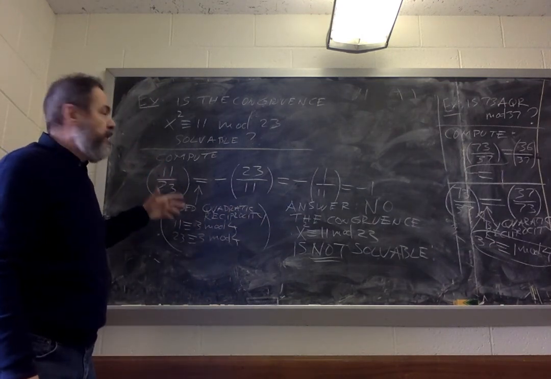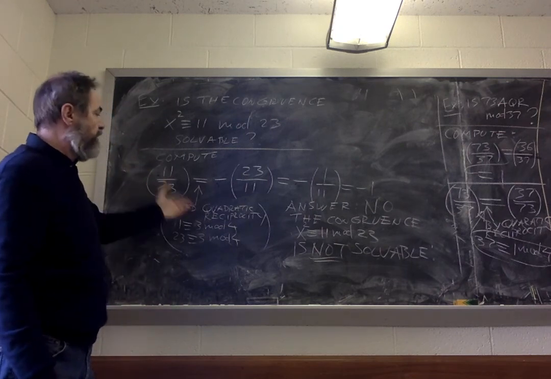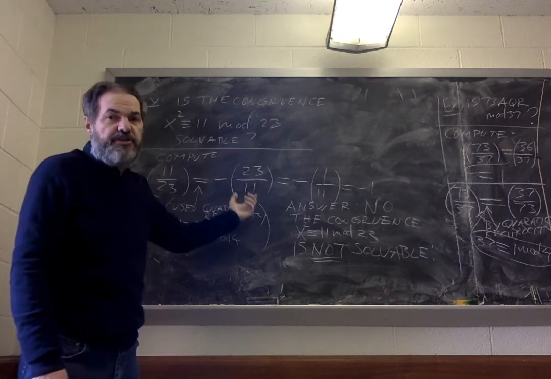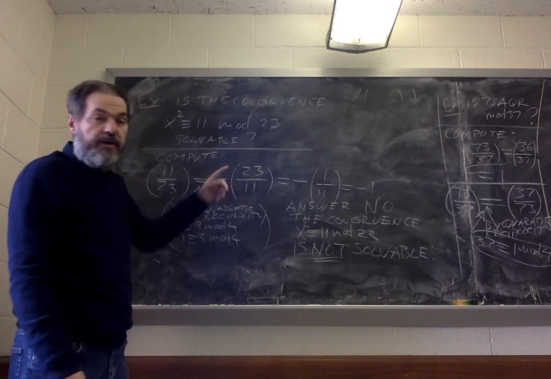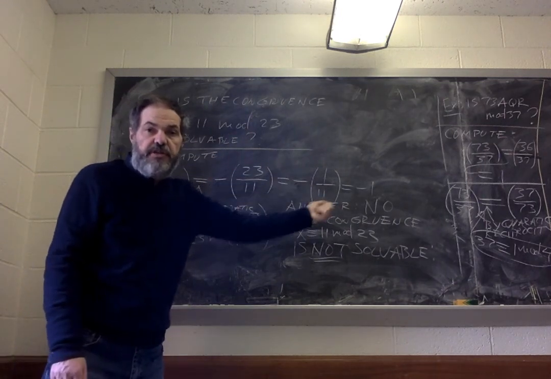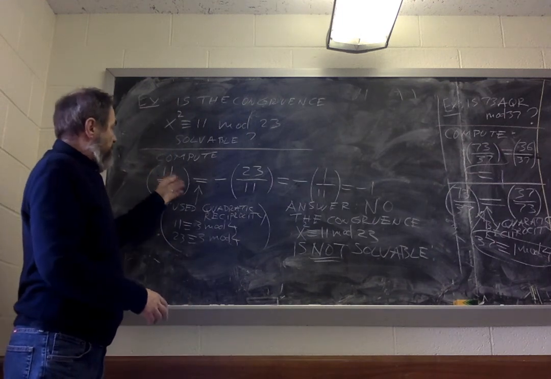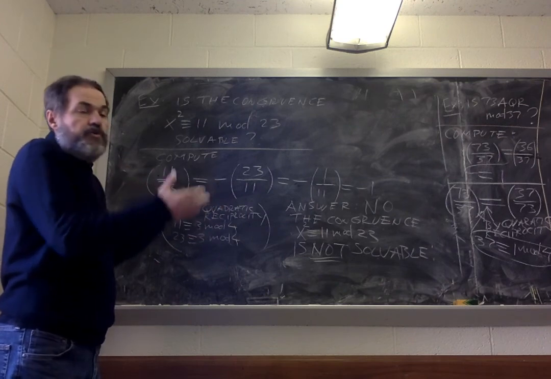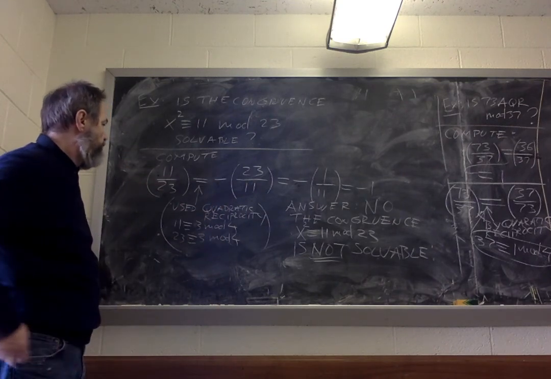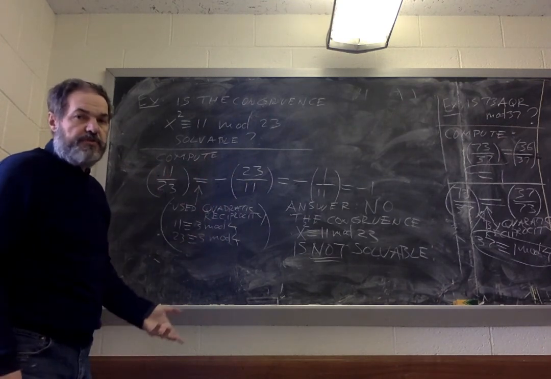How to compute the symbol? If I have a number at some point that's larger in the numerator than in the denominator, I can subtract multiples of the one in the denominator. I'm getting smaller numbers. Or if the number in here is a product of two numbers, I use multiplicativity. I can write it as a product of two symbols, as we did before.